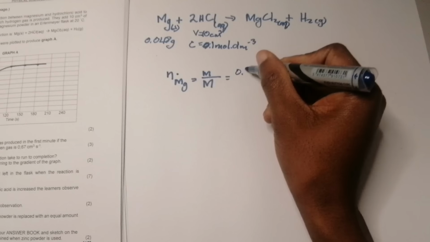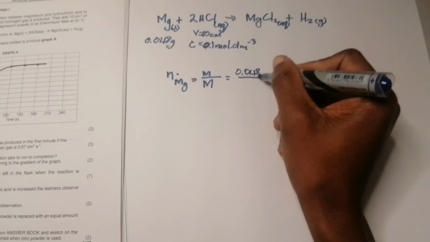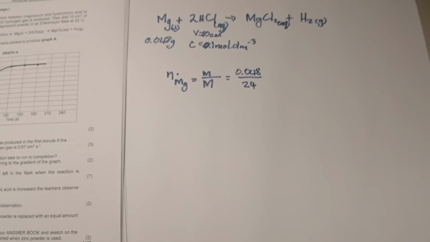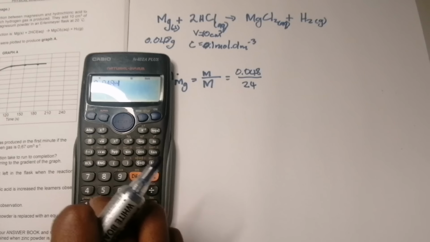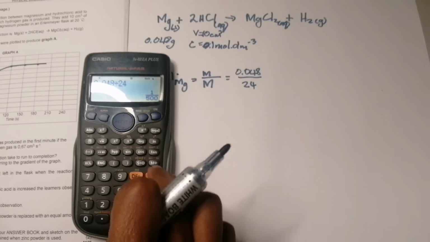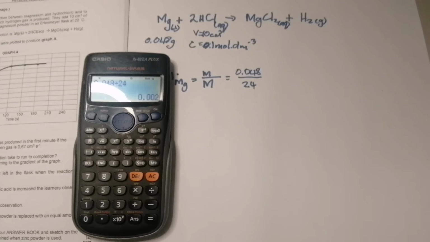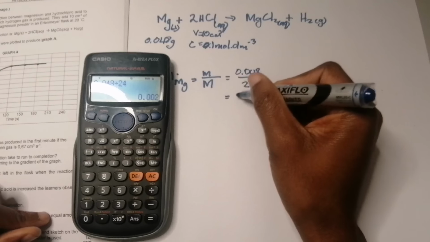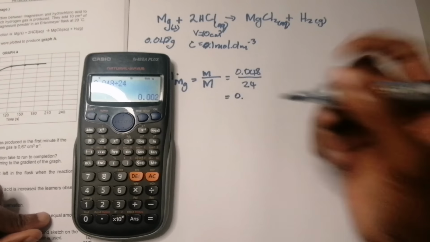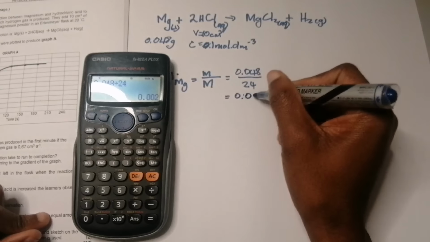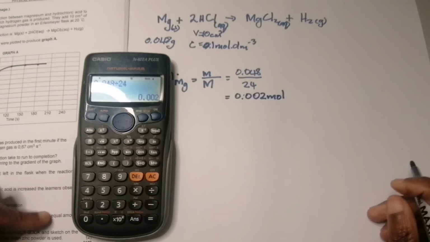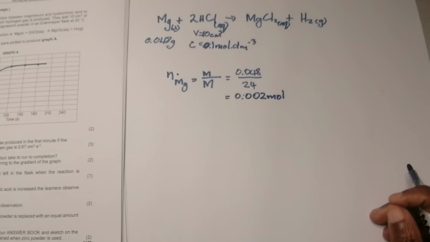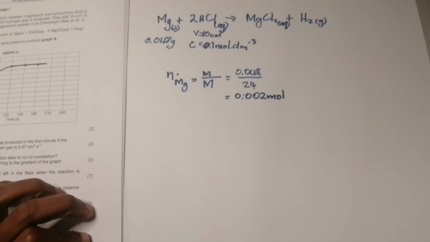So we're going to say 0.048 divided by 24, and we get a value of 0.002. So the number of moles that are available for magnesium is 0.002 moles.